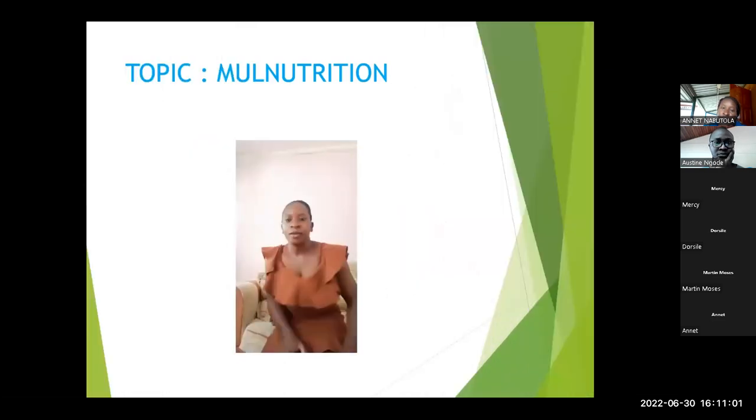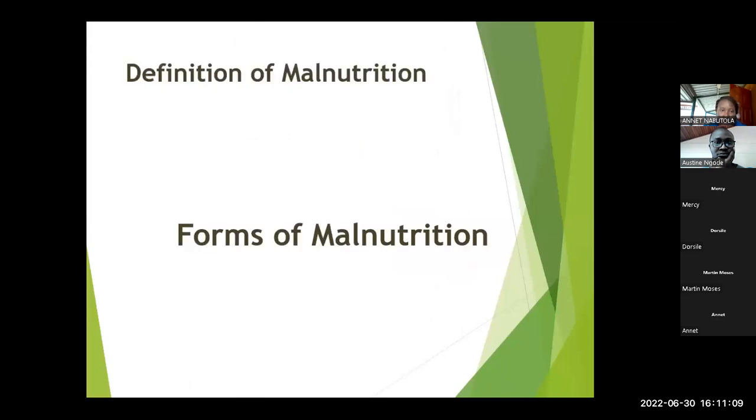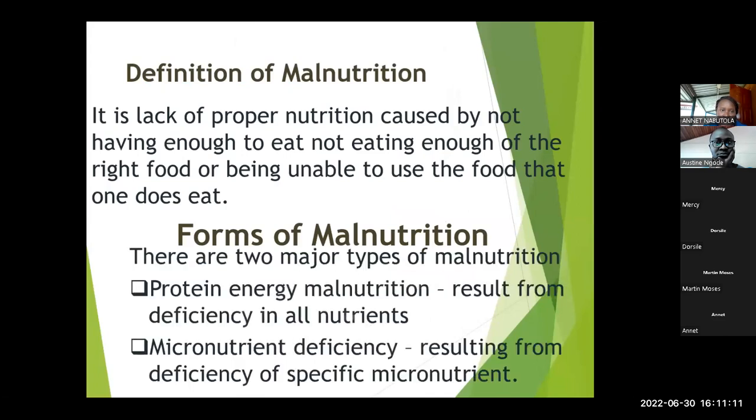So we were able to define malnutrition as the lack of proper nutrition caused by not having enough to eat at the right time and being unable to use the food that the body requires for its normal functioning.